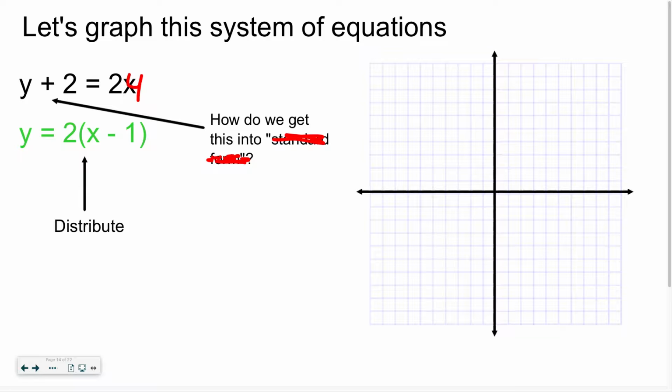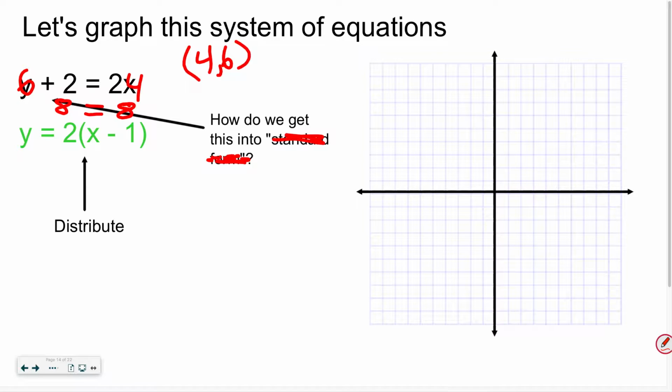If x is 4, then the right side of that equation is 8. How do you make the left side of the equation 8? What adds to 2? y would have to be 6. So you can find coordinates. That's one way you could do it, make a table. If x is 0, y is what? If x is 1, y is what? So you could do that.